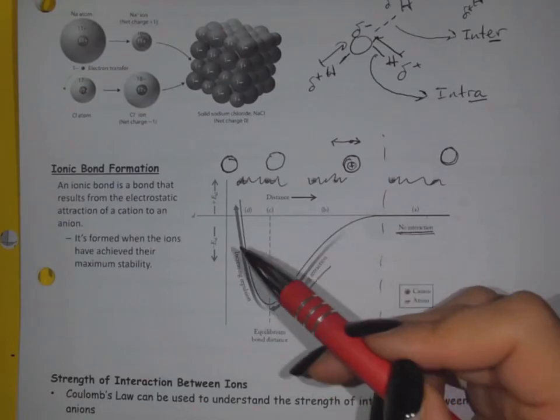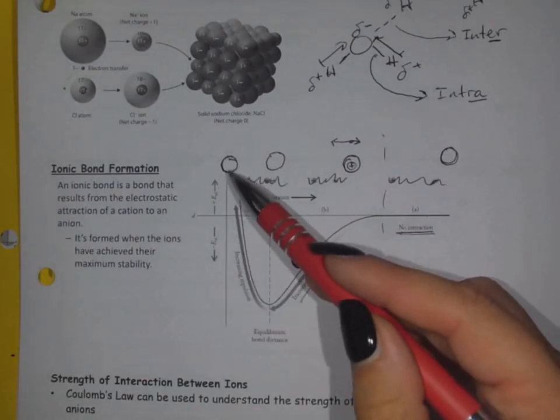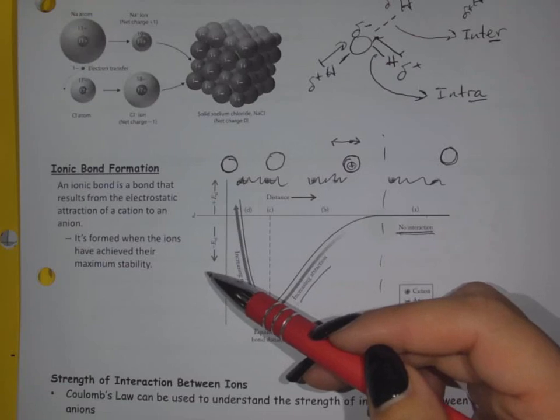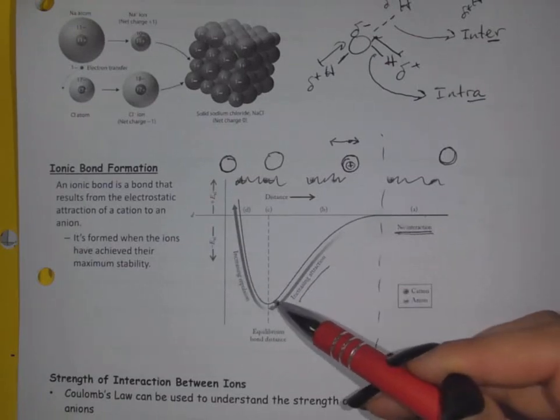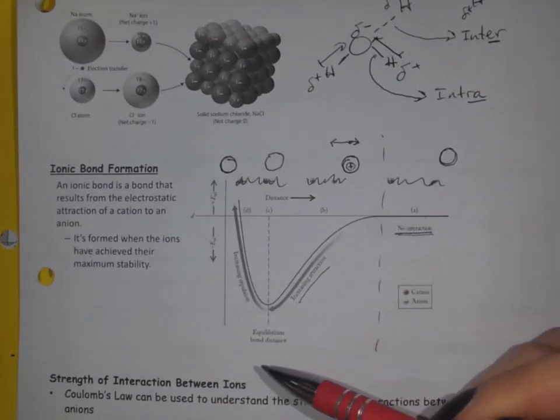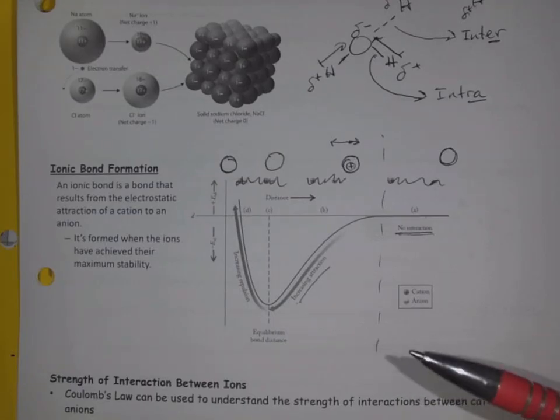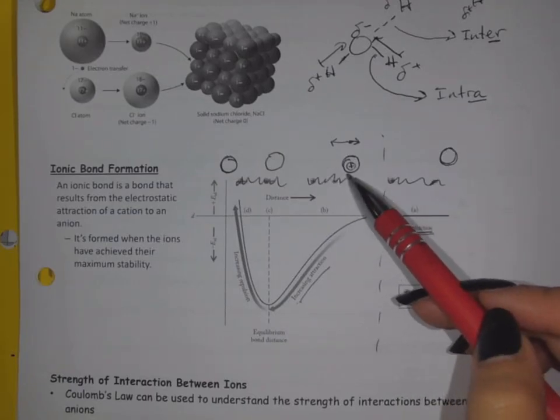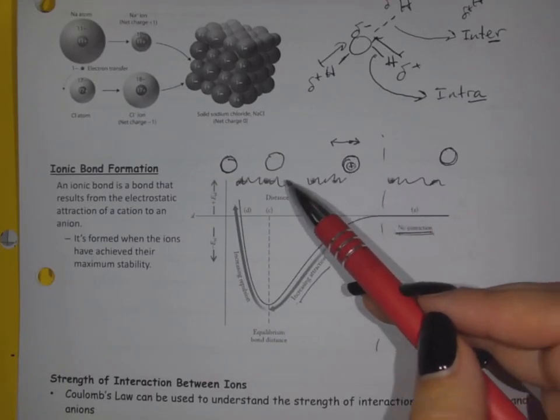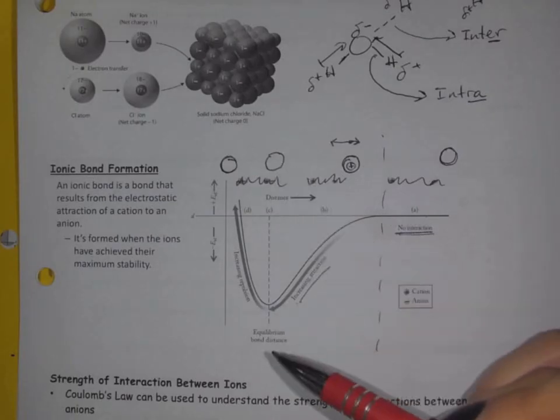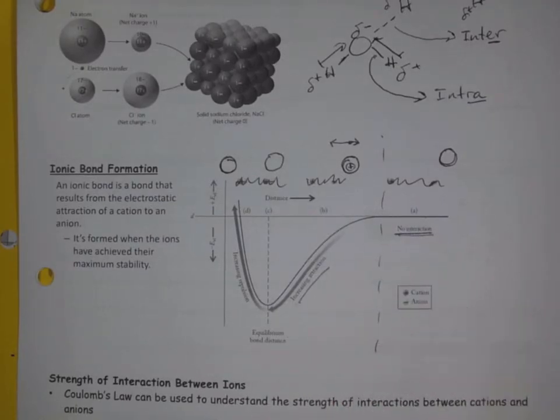And notice that our potential energy, the energy of these atoms, is decreasing. It means this is a more stable arrangement for these atoms. If I were to just let go of it, it would naturally want to end up right here because that's where the energy is the lowest. But why is energy the lowest there?